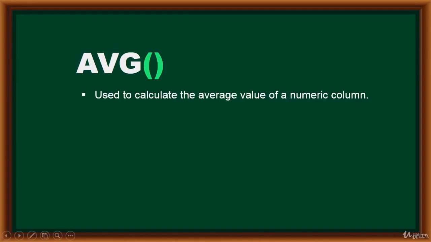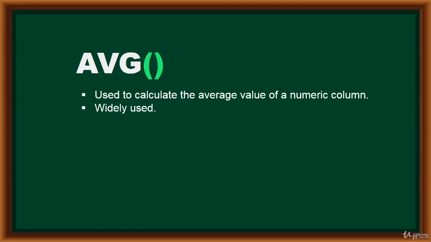The AVG function is basically used to calculate the average value of a numeric column. What that means is that the column within the table that you are applying the AVG to must be a numeric column in data type.